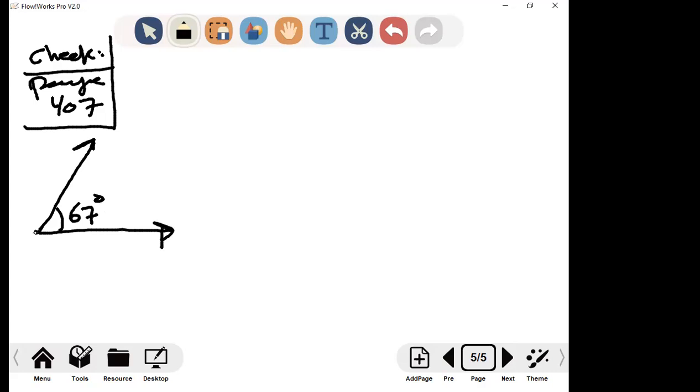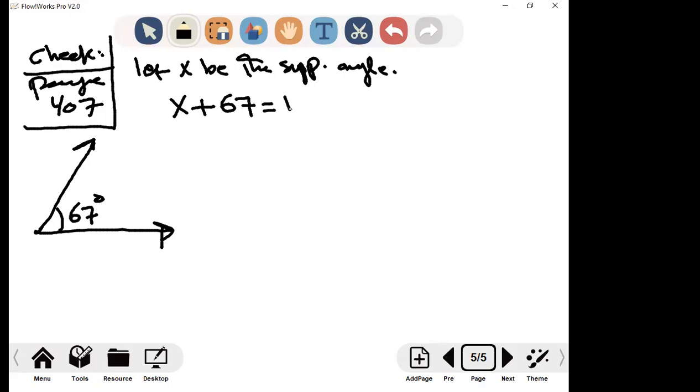They want us to find the supplementary angle. Do we know it? No, let x be the supplementary angle. Now let's form our equation because they are supplementary to each other. So x plus the given angle, which is 67, should be 180 degrees.